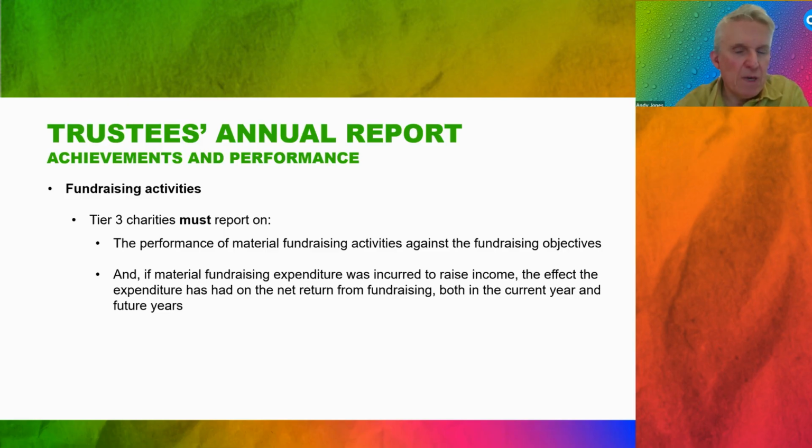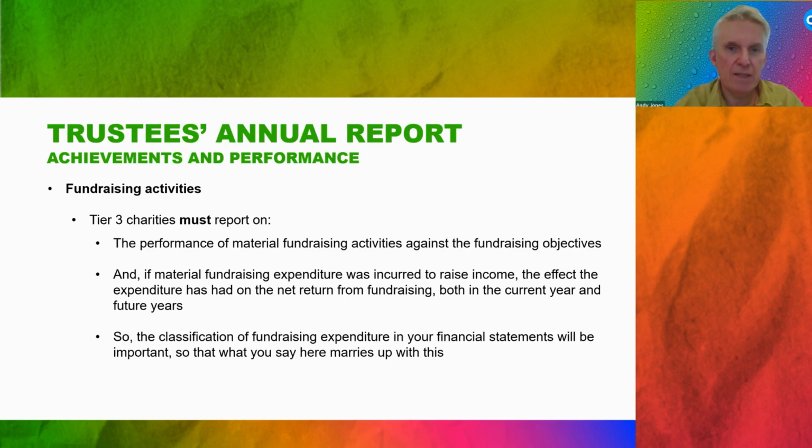And for me, a key aspect here, again, this linkage between the trustees report and the financial statements, is that classification of fundraising expenditure in your financial statements will be really important. Now, sometimes, if your auditors are preparing accounts, or you're preparing the accounts, maybe that's not been something that has had too much focus because it's kind of a detailed disclosure within the accounts.